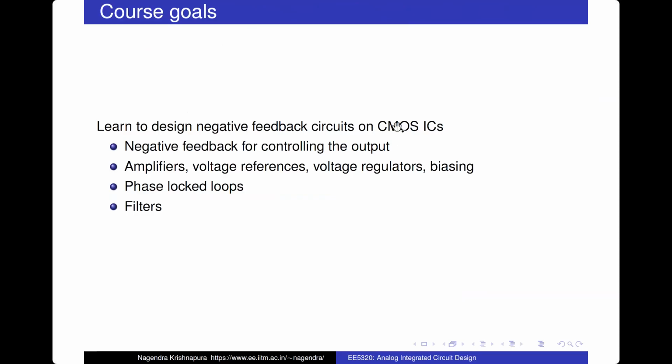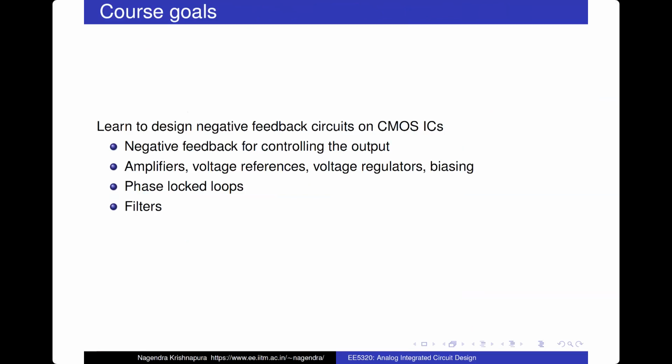What is a negative feedback circuit? You have negative feedback for controlling the output. And these are used in amplifiers, voltage references, voltage regulators, biasing circuits, and so on. If you take a modern analog IC, there'll be a bazillion negative feedback loops inside.